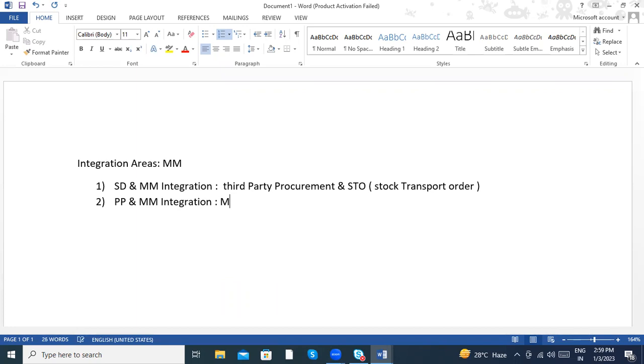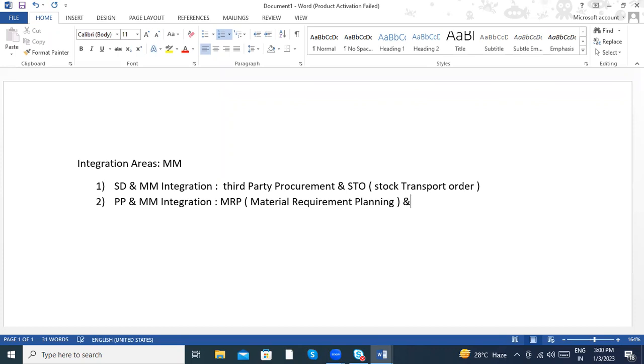it is MRP, material requirement planning. The major one is material requirement planning. Material requirement planning is majorly planning done by the production team, right? The planning team will run it. So here we are also integrating with the PP team to generate the plannings for the purchase acquisitions.